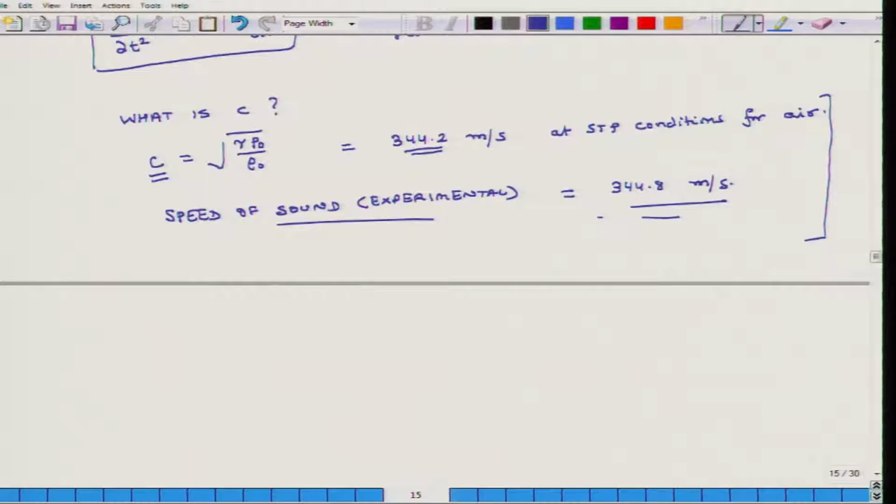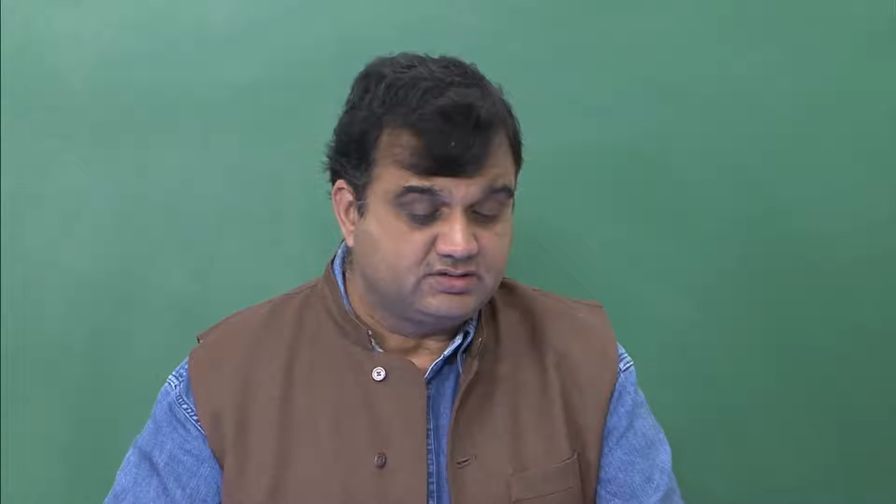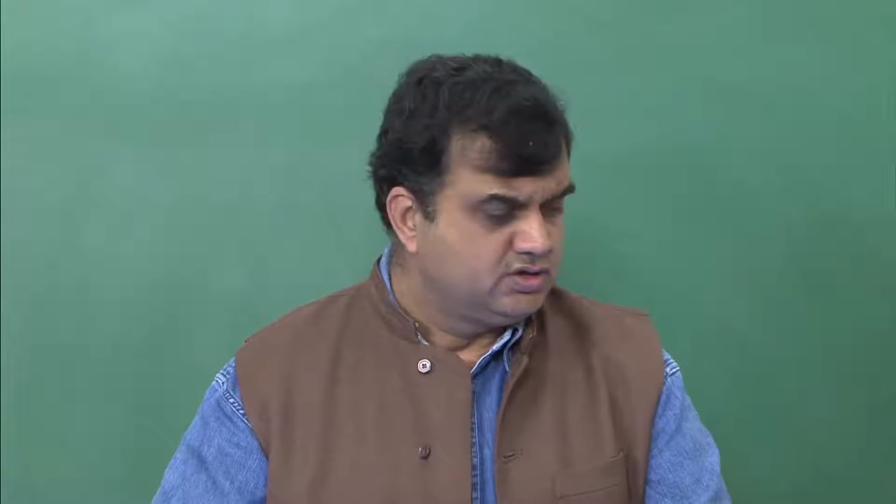In the next class, which is the last class for this week, we will discuss this issue further and show that c mathematically indeed represents the speed of sound. So, that concludes the discussion for today.